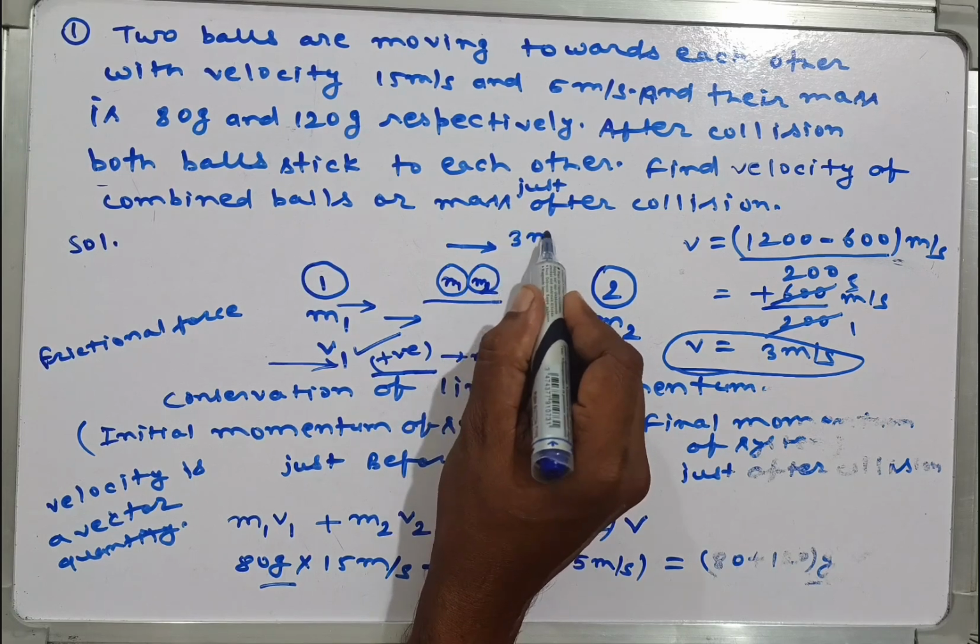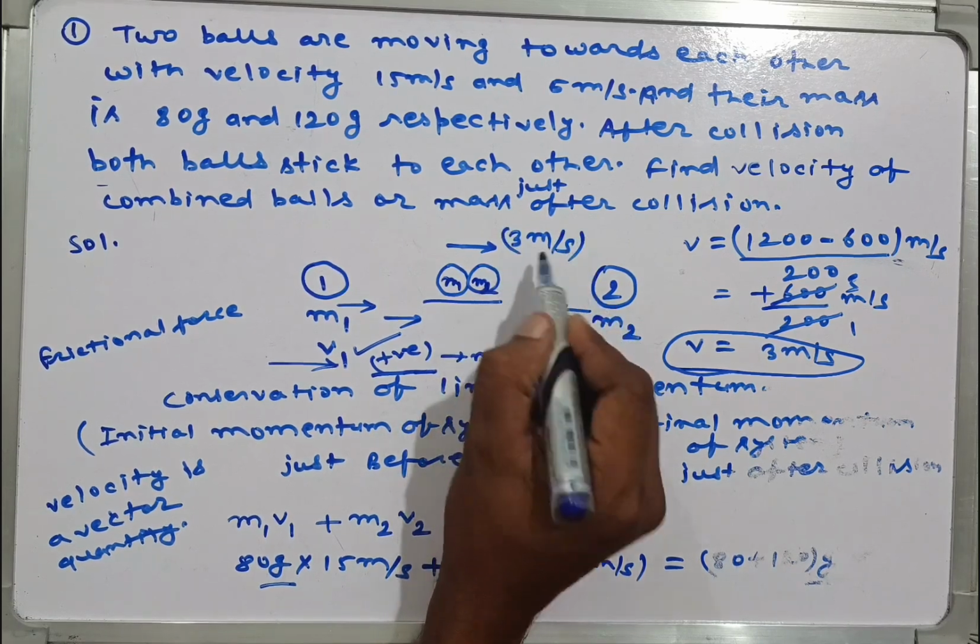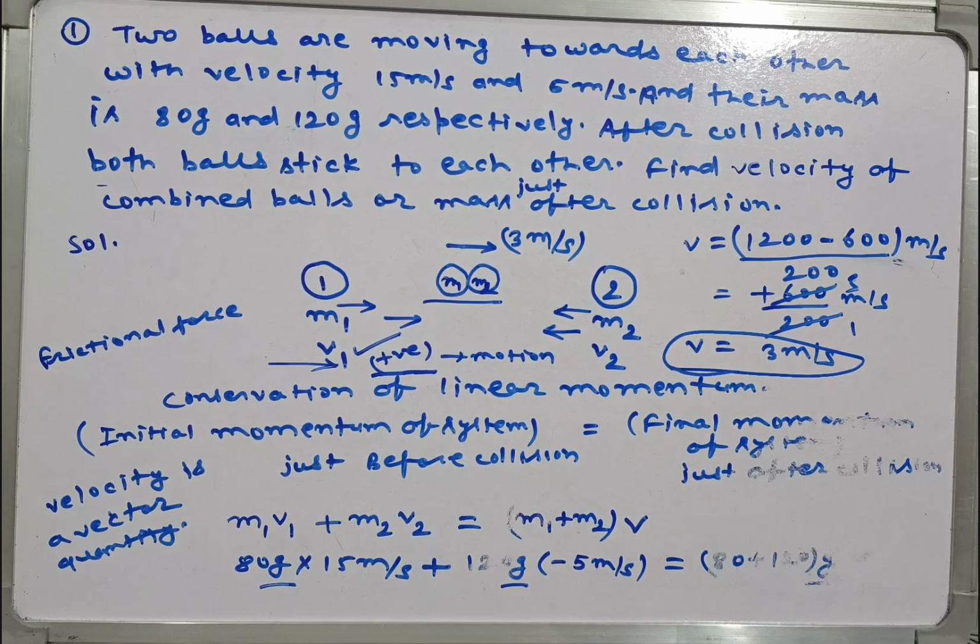So the solution is: after collision the combined balls move with velocity 3 meter per second.